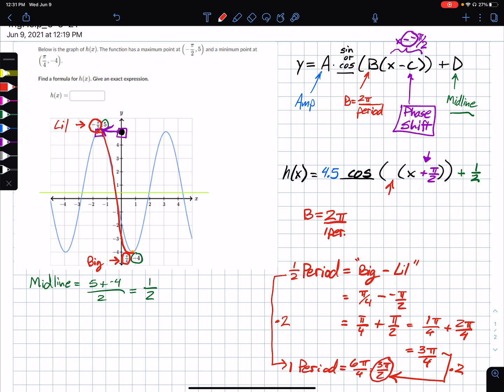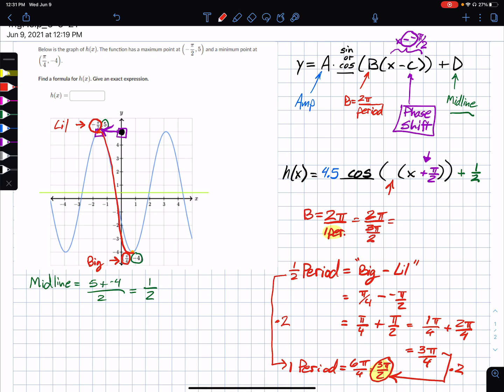Okay, so in order to figure out b, I need to take this 3 pi halves and plug it in to that b equation I had here. So now that I know a period, b is going to be 2 pi over 3 pi halves.